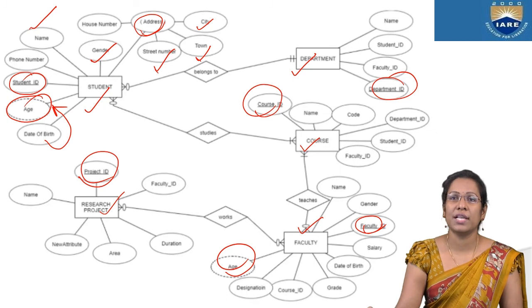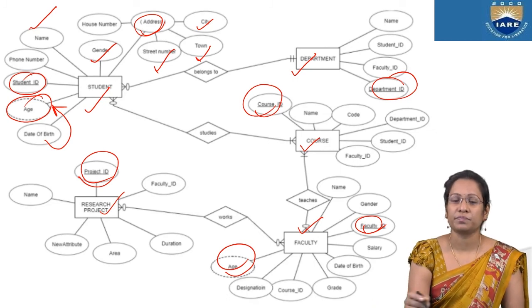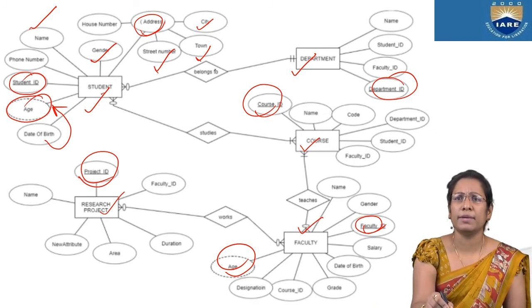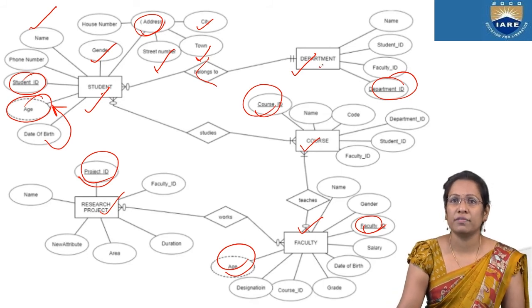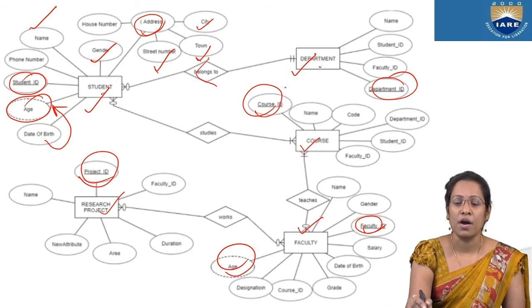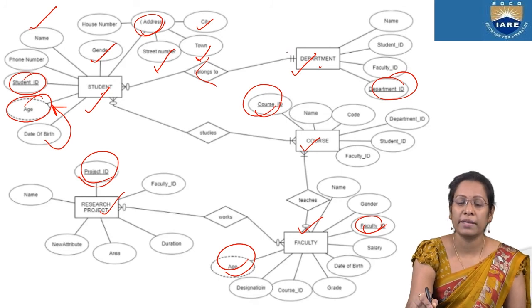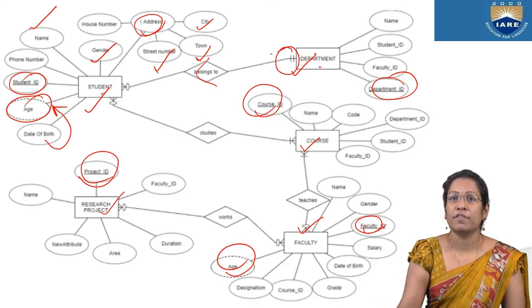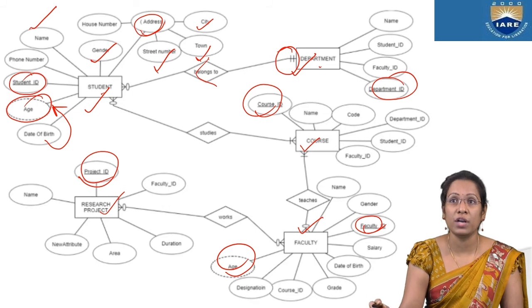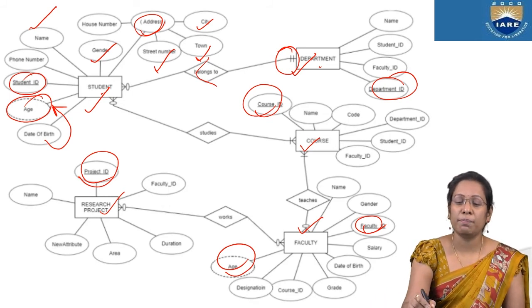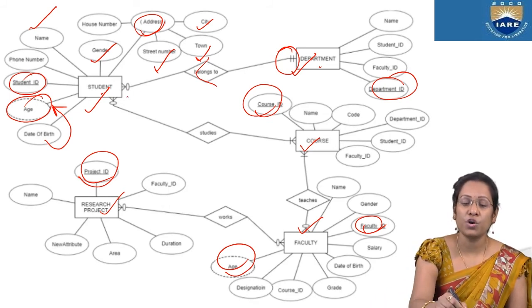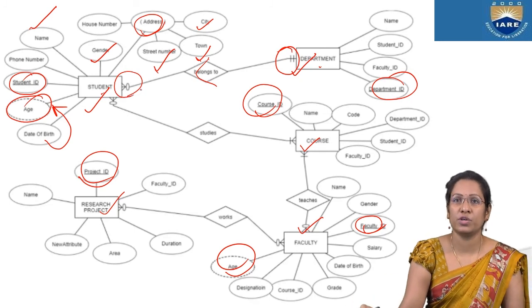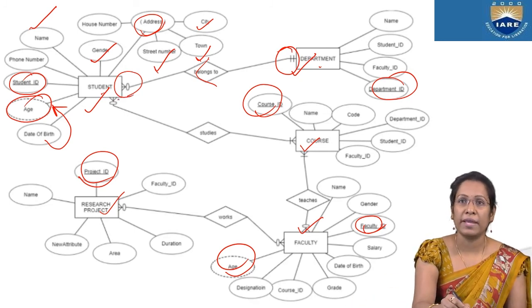And coming to here, let's see the relations. The student belongs to the department. Here I have used a notation: one student can belong to one and only one department, and a department can contain 0 or more students. That is the notation here, 3 lines with many or 0.